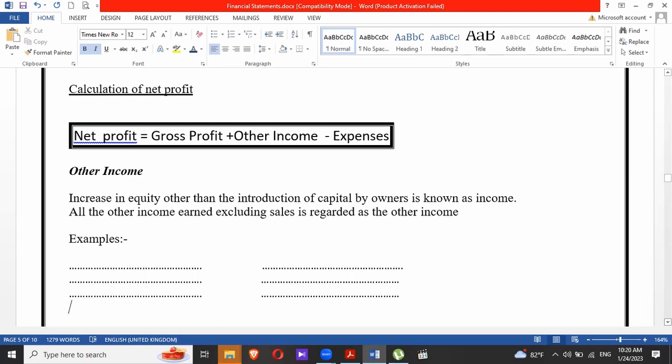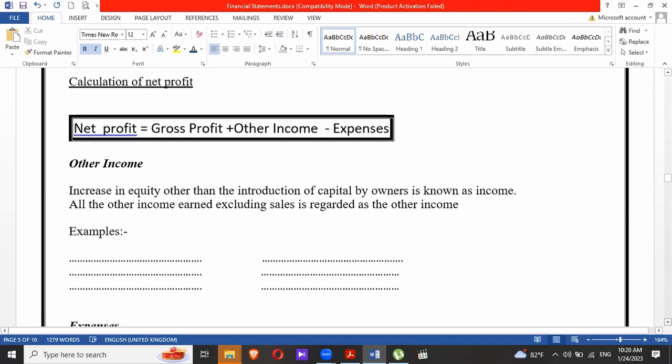Separately, we are going to study other income and expenses in this lesson, right? Because we already know the concept of gross profit. So we need to calculate the net profit. Net profit means gross profit plus other income minus expenses. We are going to learn how to identify other incomes and expenses, right?